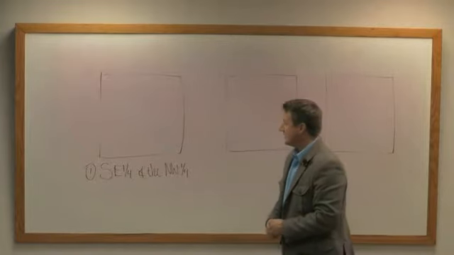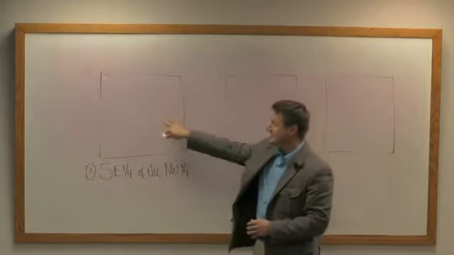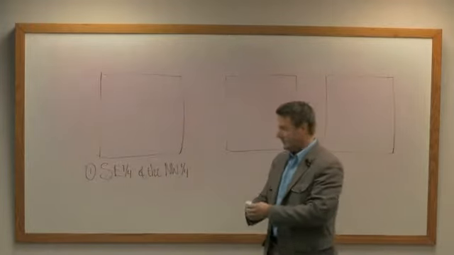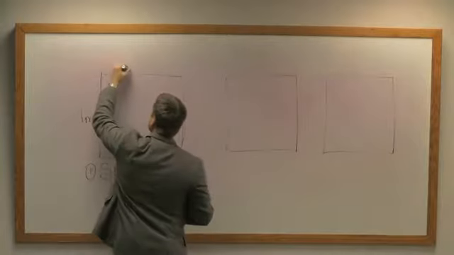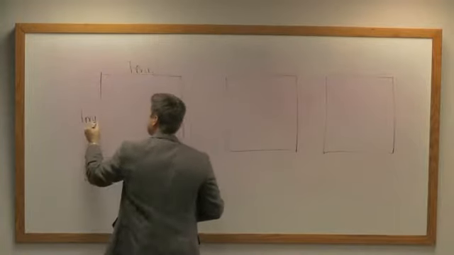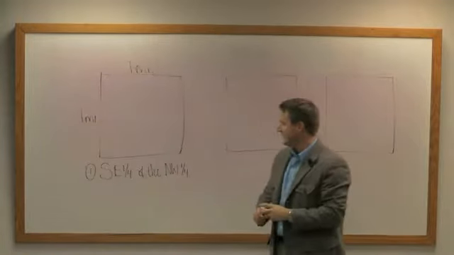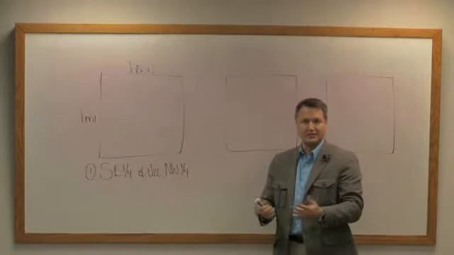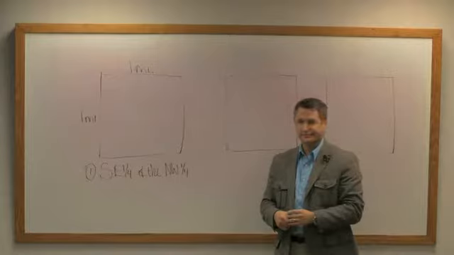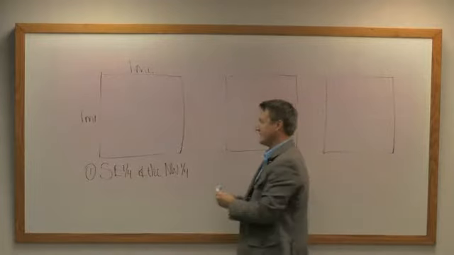So I have a section. This is 640 acres. It's 1 mile by 1 mile. It's a perfect square. So if it's a perfect square, and I want to find the northwest quarter, what should I do? Draw a line through the middle.